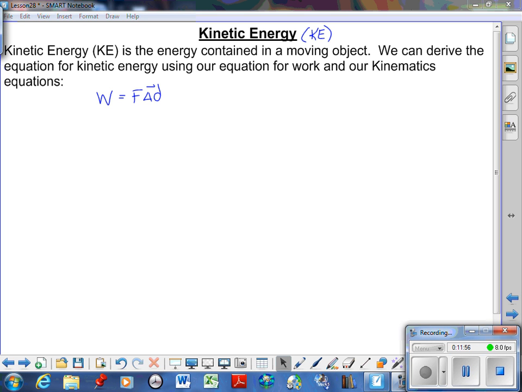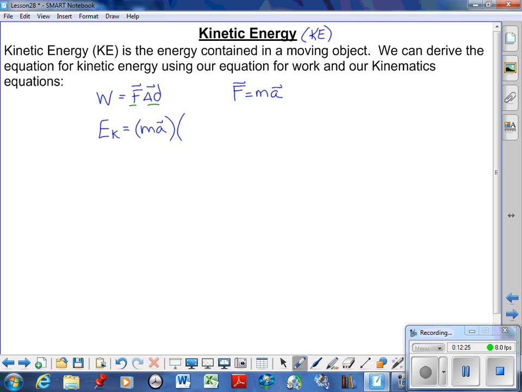So what are the equations we're going to use? Well, first thing I want to do, I'm going to replace both force and displacement using one of their equivalent formulas. So the easiest one for force, we only have the one, and that's mass times acceleration. So when I go to find my kinetic energy formula, Ek, I'm going to replace F with mass times acceleration.